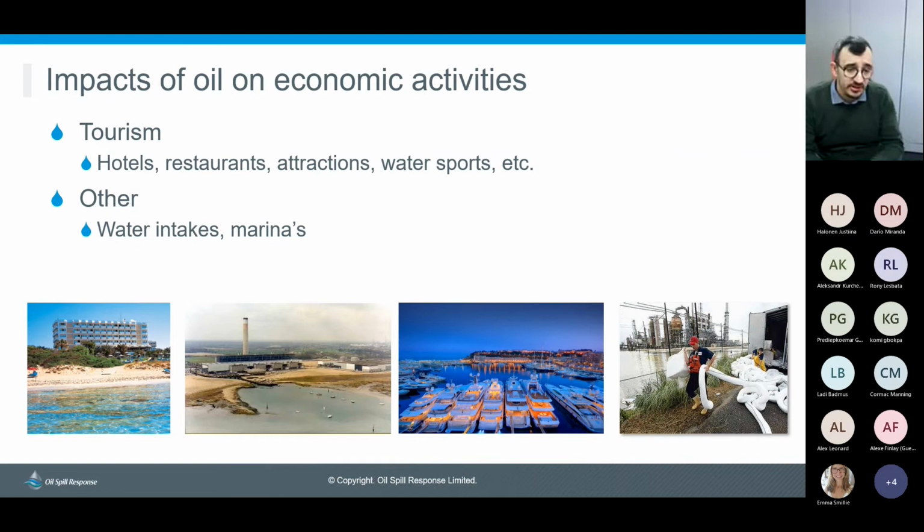In addition, desalination plants and numerous others use seawater and rely on the ability to draw clean water from the sea. Occasionally, following an oil spill, water intakes may be shut down as a precaution against damage to machinery and to avoid more extensive shutdown of the entire plant. So this is something else that we need to consider in the kind of broader spheres of claims and compensation.